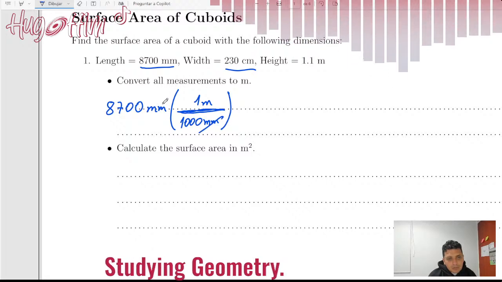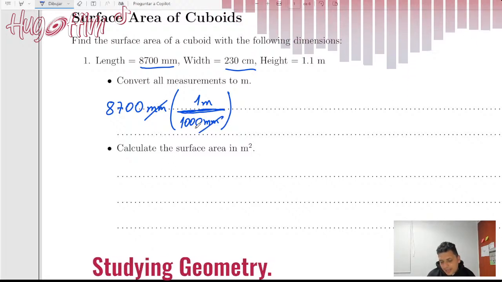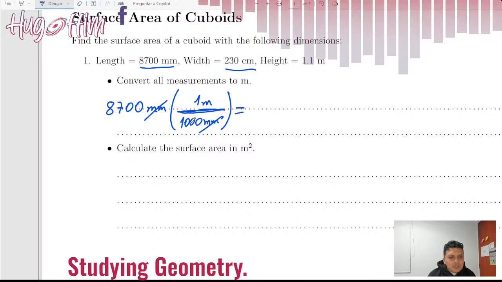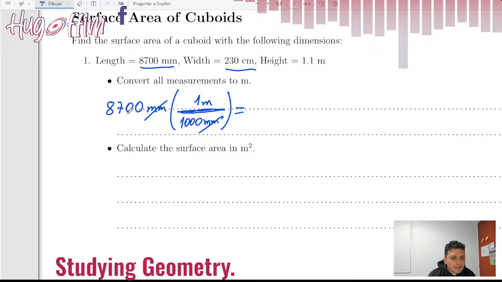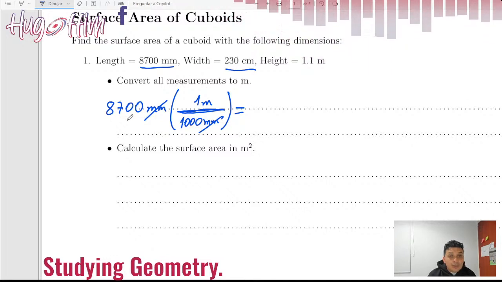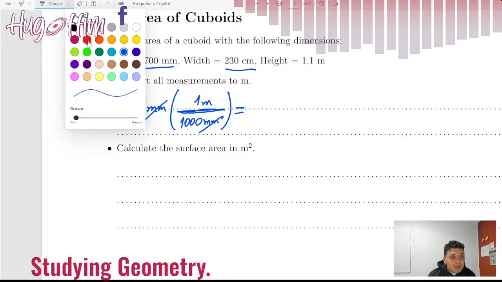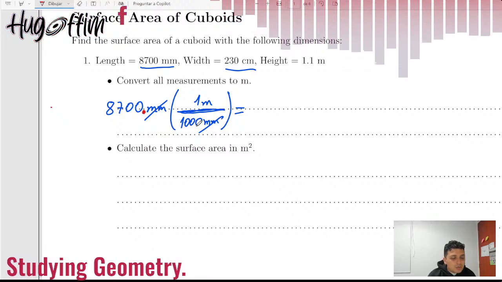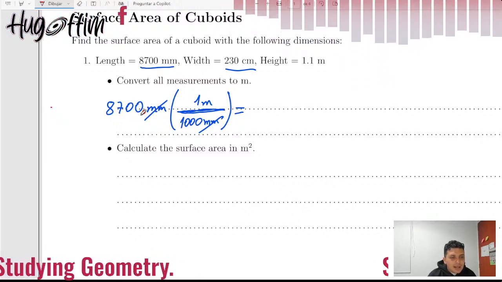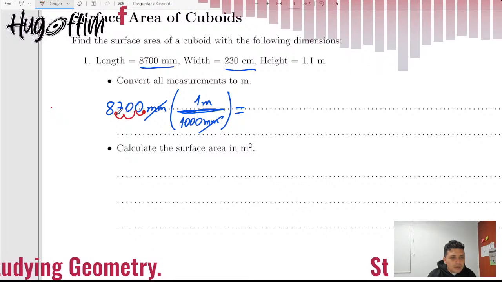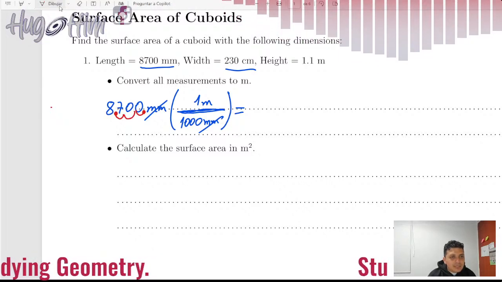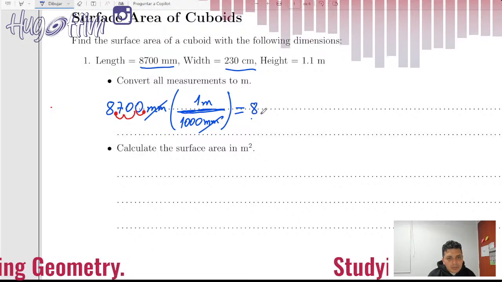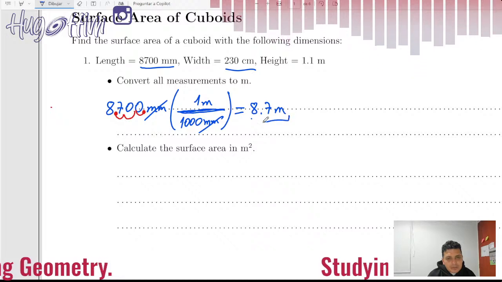So I just need to divide 8,700 by 1,000. Remember that if you divide by a power of 10, you need to move the decimal point. I need to move it 3 times to the left: 1, 2, and 3. So I'm going to get 8.7. So the answer is going to be 8.7 meters.